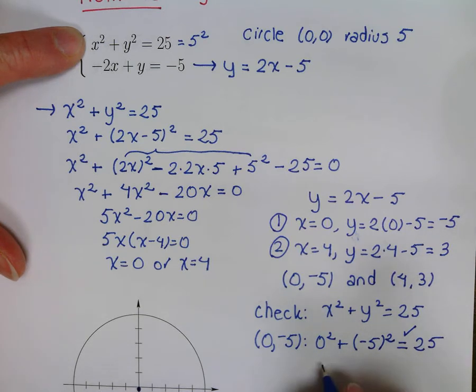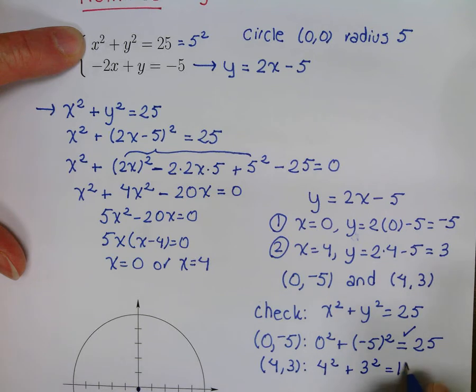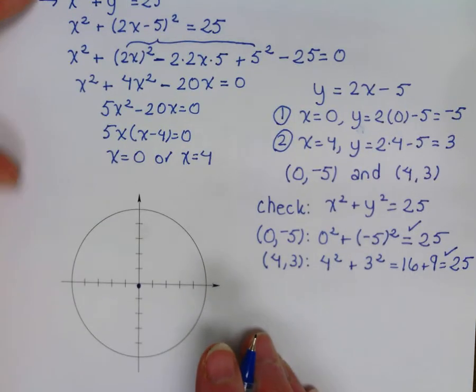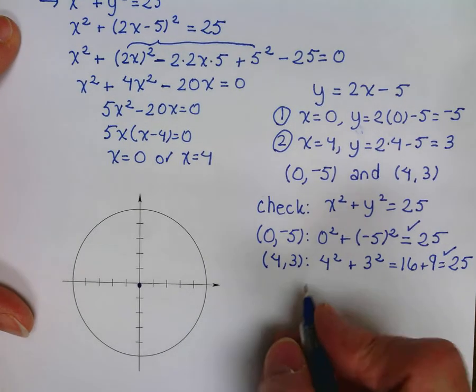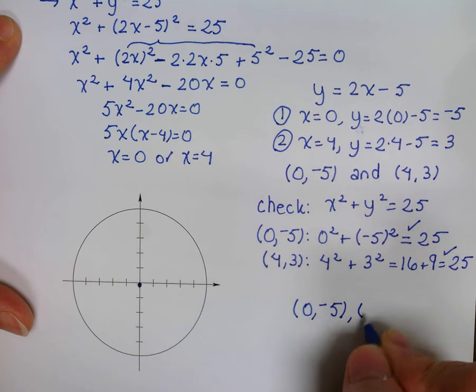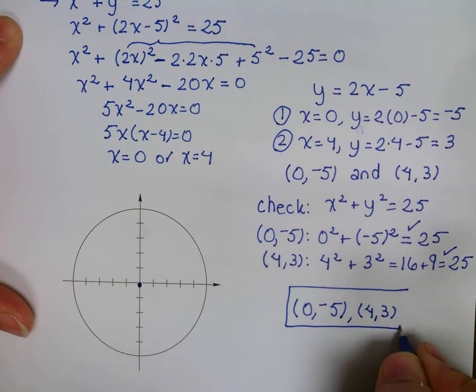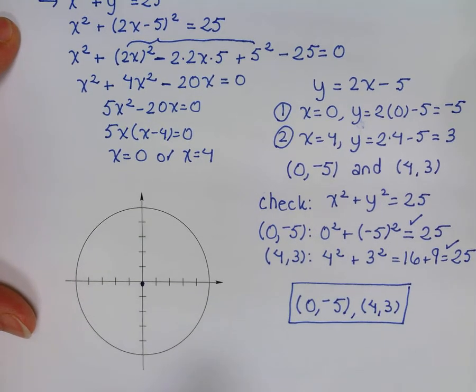And if I use the ordered pair 4, 3, 4 squared plus 3 squared is 16 plus 9, which equals 25. So this system has two solutions, 0, negative 5, and 4, 3. Okay?